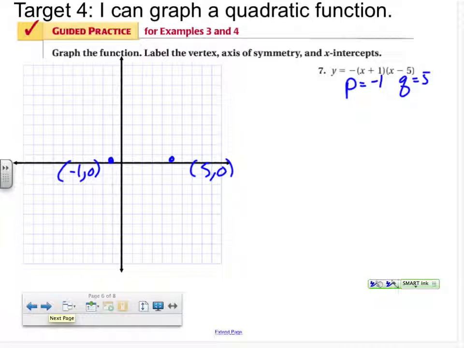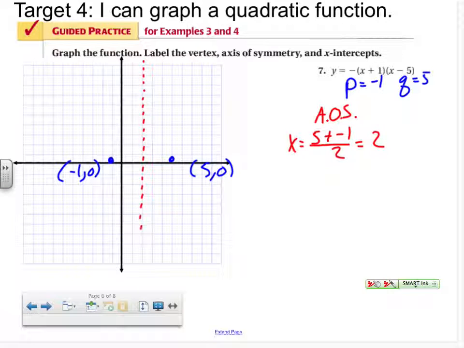Then we need to calculate our axis of symmetry. We'll average them. 5 plus negative 1 over 2, that's 4 over 2. Our axis of symmetry is at 2. And finally, we finish it up by finding our vertex.